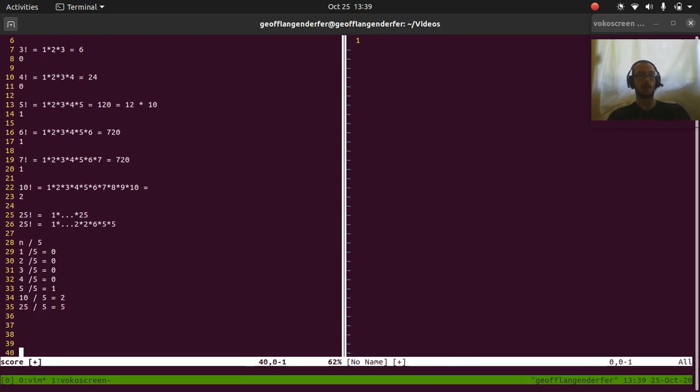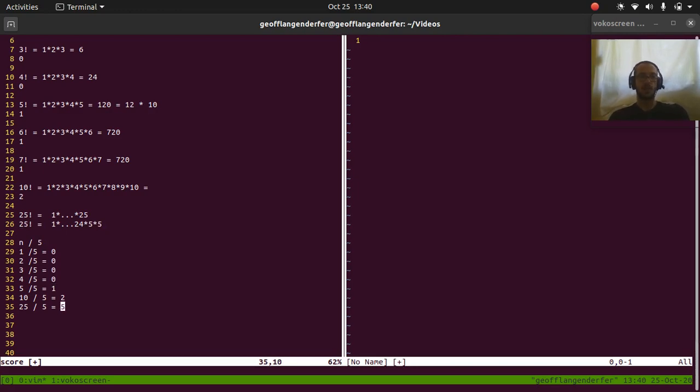But how many factors? So we saw when we do 25 factorial, we have 2 5's in 25 instead of just 1, right? So when we divide by 5, we grab the first 5, but there's an additional 5 remaining. So how do we get the additional 5?